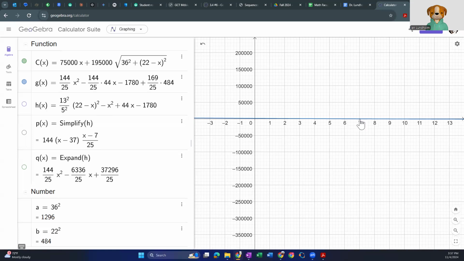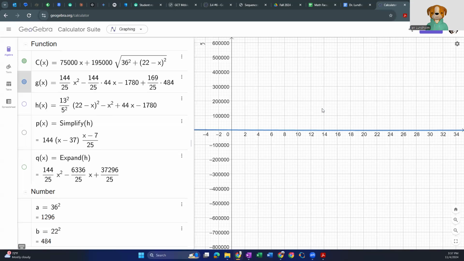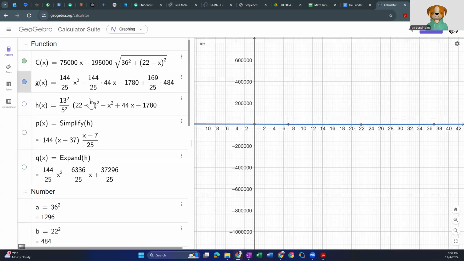This function, I kid you not, it has a root at 7. I put this in so that I didn't combine stuff and make more errors there. This is just the left-hand side of the equation that I had minus the right-hand side of the equation. And so now these two things are equal instead of being different.